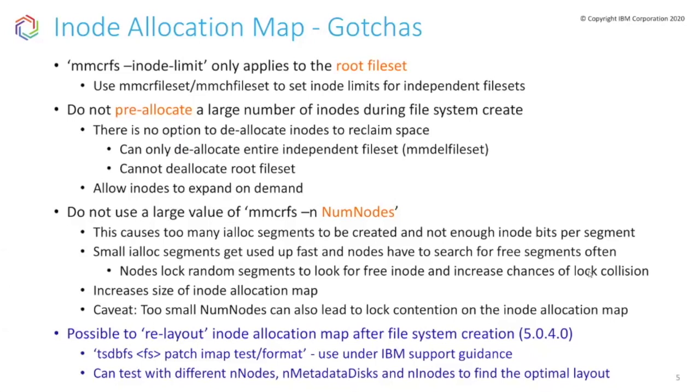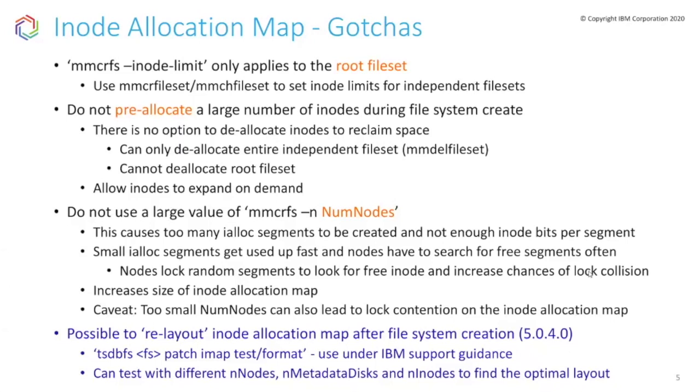So you don't want to use too large a value, but at the same time, you also don't want to use too small a value, because if you create too few segments and you have, let's say, double the number of nodes, then the nodes will be competing for locking those segments. So again, you'll have an issue with parallel allocation in different nodes. So it's a balancing act, and people have got it wrong before.